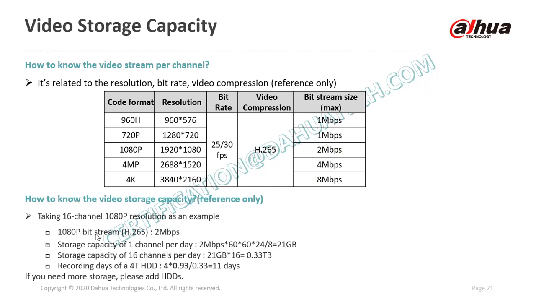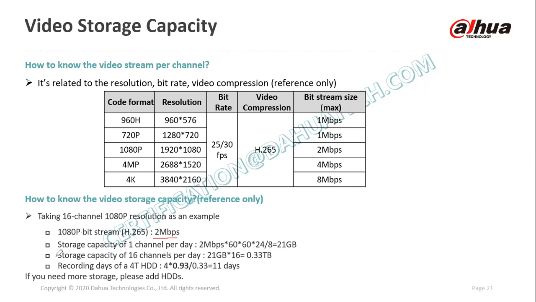So how do you know the storage capacity? For example, you might have 16 channels, 16 cameras of 2 megapixels. A 1080 camera, which uses H.265 compression, has a bit stream of 2 Mbps.